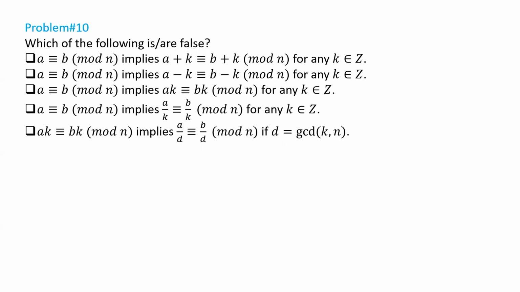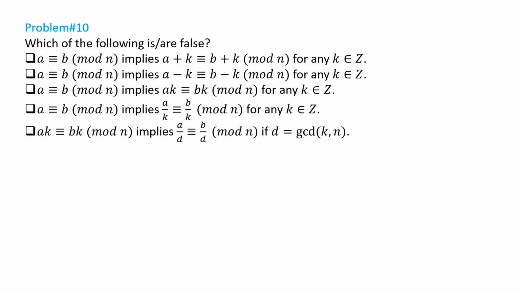Now for the fifth statement, ak congruent to bk modulo n implies a divided by d congruent to b divided by d modulo n, where d is GCD of k and n. Like in general arithmetic, whenever there is ak equal to bk, we cancel out k from both sides and we get a equal to b.